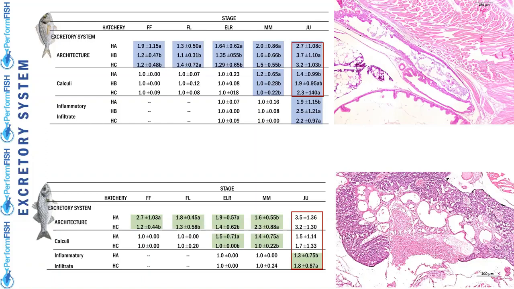These were the most frequent lesions in both fish species, and you can see in this image the ectasia of a renal tubule, and in this case the huge ectasia of the ureter with calculi inside.